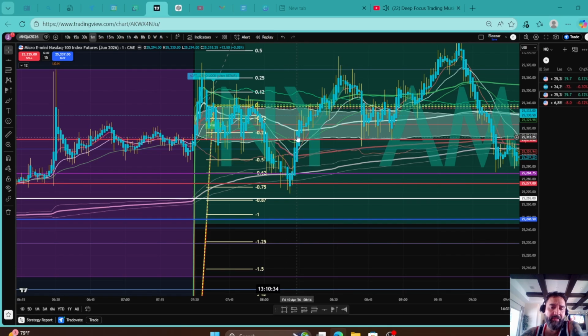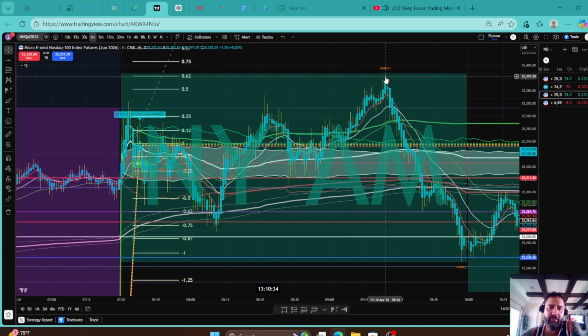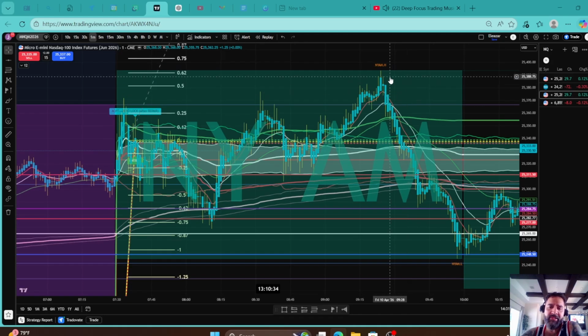Then eventually price comes back up to auction zero once again and gets rejected, and then once again it comes back up here. Now my auction zero, I put my zero here at the migration, and you can see that price pushed up the highest to the 62.